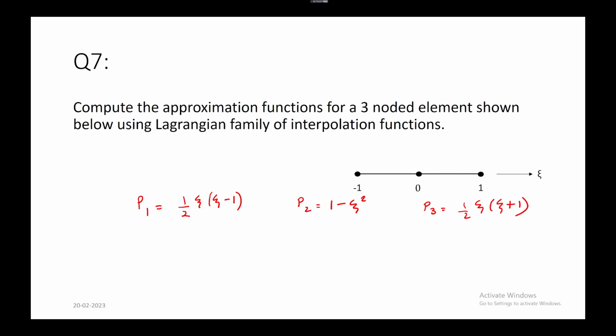Shall we go to the next question? These are the approximation functions P1, P2, P3, the Lagrangian family. Can we go to the next question? I hope there is no doubt.